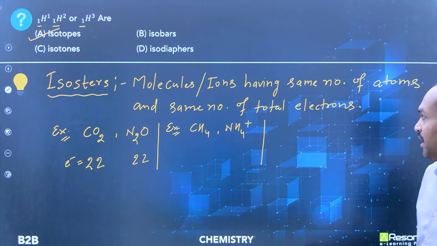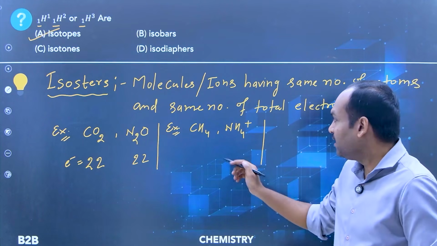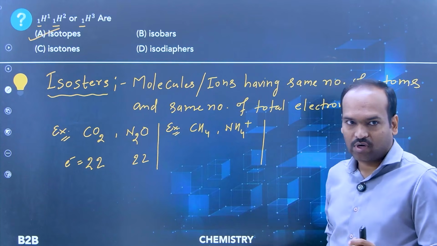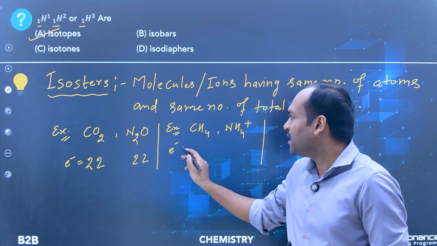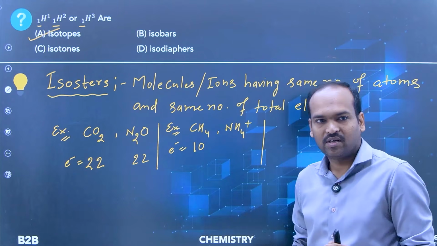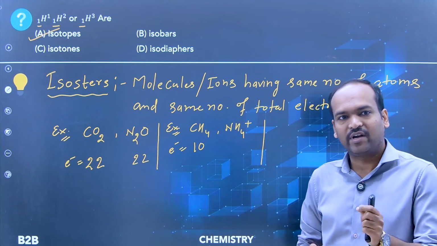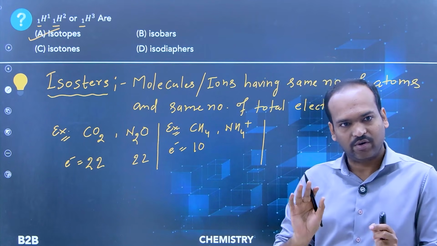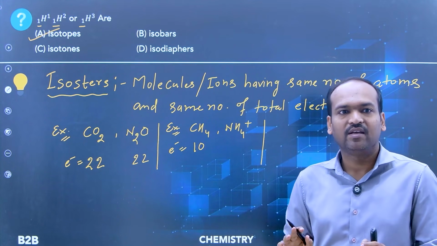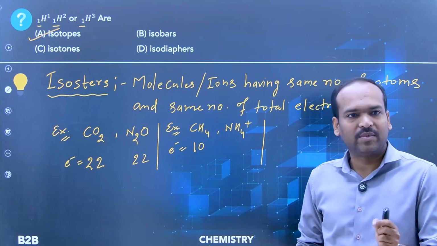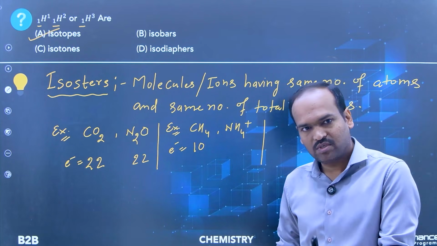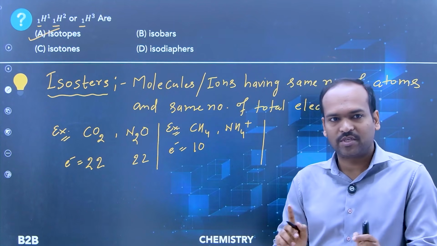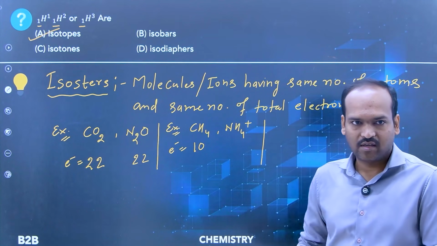CH4 and NH4 plus. The carbon atomic number is 6. Hydrogen has 1 electron, and there are 4 hydrogen atoms. So the electrons present in methane are 10. Is it clear how I am calculating 10? Carbon atomic number 6, so 6 electrons. Hydrogen atomic number 1, but 4 hydrogen atoms, so 6 plus 4, total electrons 10.